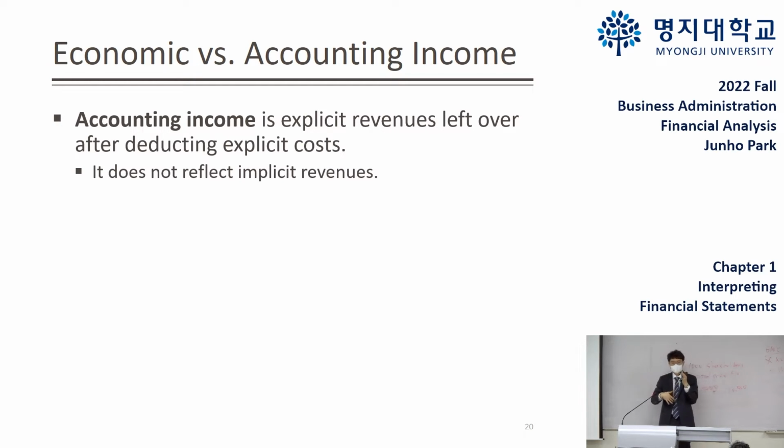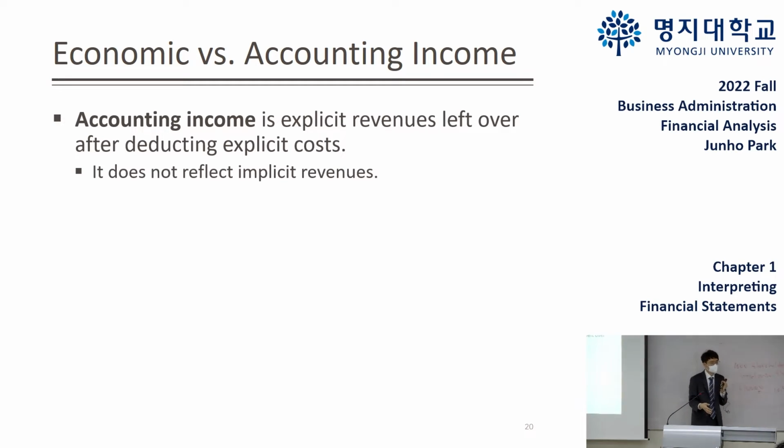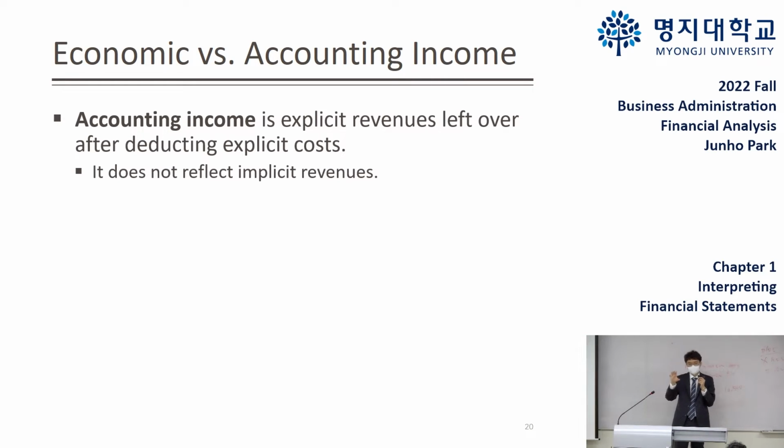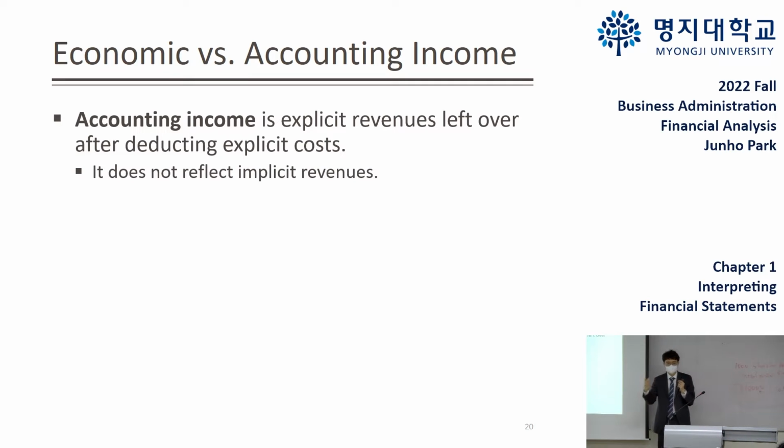So you made a collaboration between Disney and your company, and you sold something like coffee cups with the character on it. Then the accountants will only consider your revenues as something you can observe, which is the amount of money you earned by selling those cups.